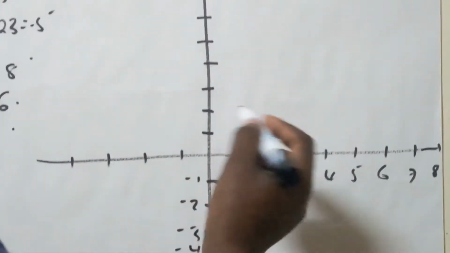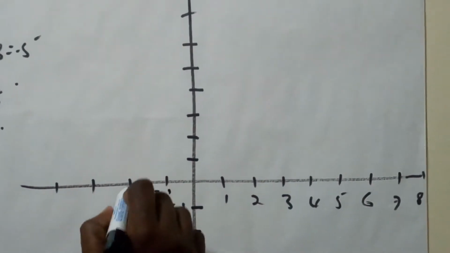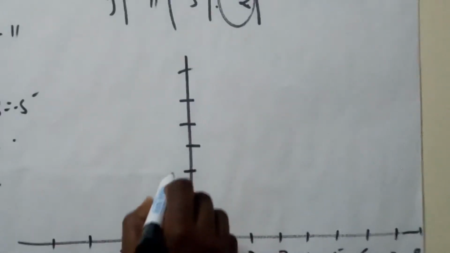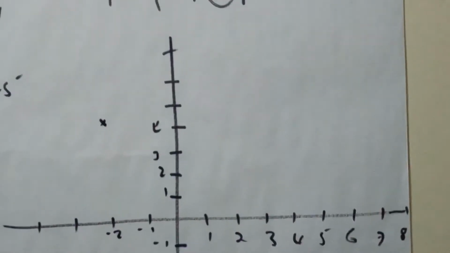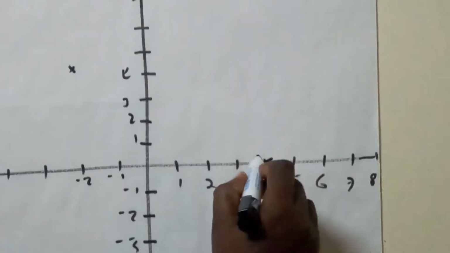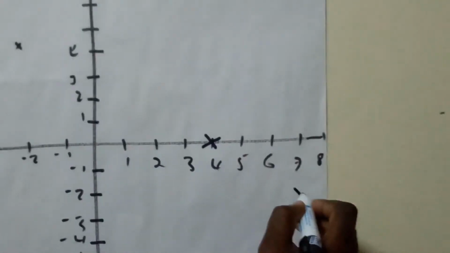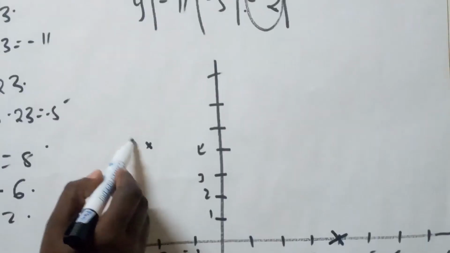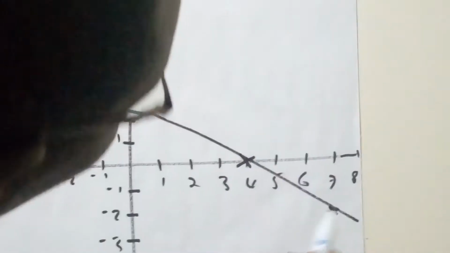Let's talk about when x is minus 2 for the first line. So minus 2, 4 there, 4, 0 there, and 7, minus 2 there. So we are going to have a straight line. Please remember to use a ruler there.